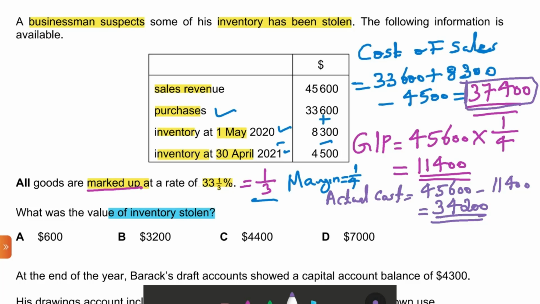So what is the difference? 37,400 minus 34,200 is equal to 3,200. This is the correct answer. So the answer is option B.